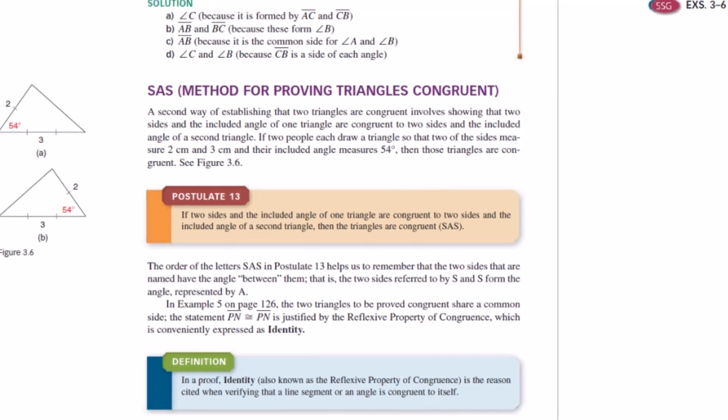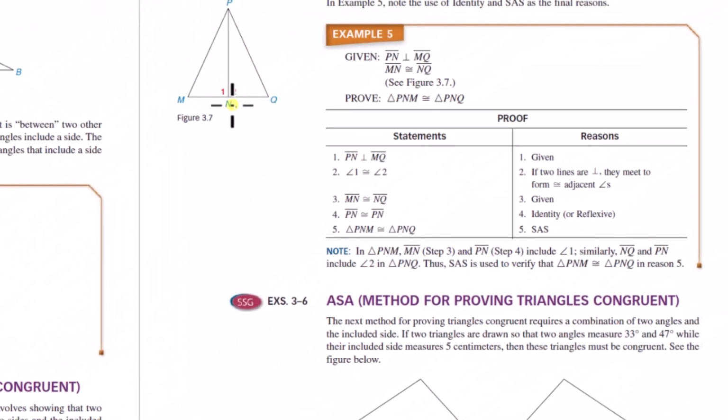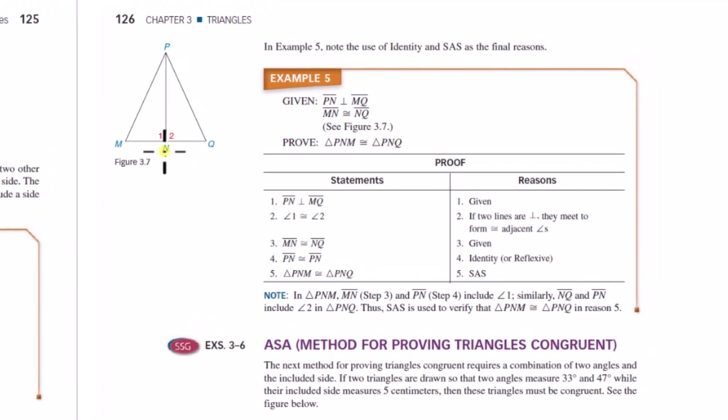Okay, so now if we come back here, we can go through an informal proof. We don't have to do it officially mathematically. It tells us that these are perpendicular and MN is congruent to NQ, so these two are the same length. Well, these two are obviously the same length. They're the same side, right? Side, angle, side.